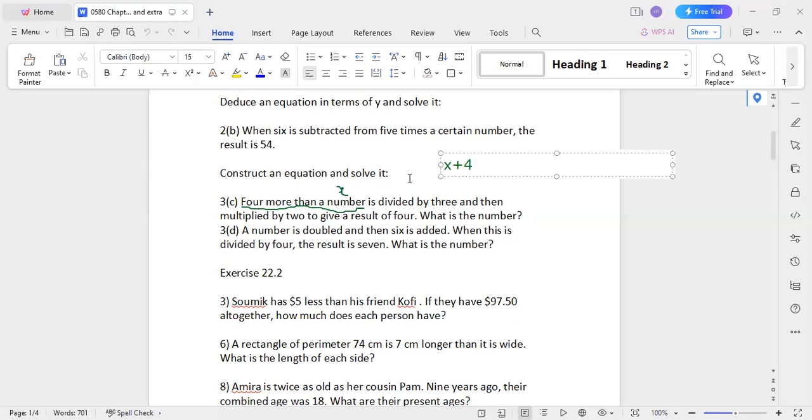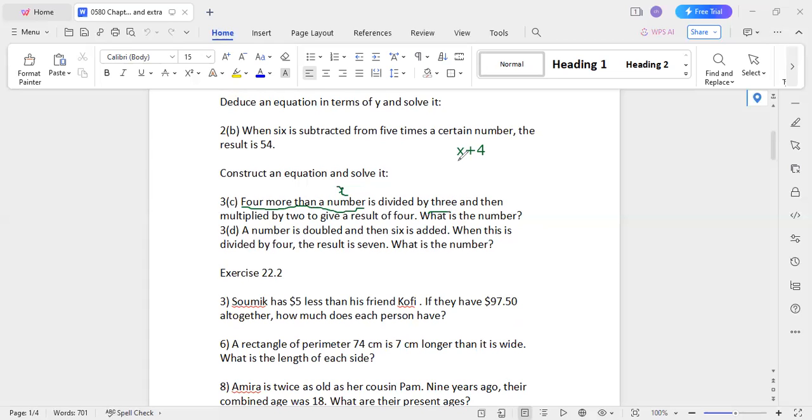Does everyone follow? Yes. So what we do next is divide by 3. So what do we do to 4 more than the number? Let's bracket this. What do we do for x plus 4? Divide by 3.